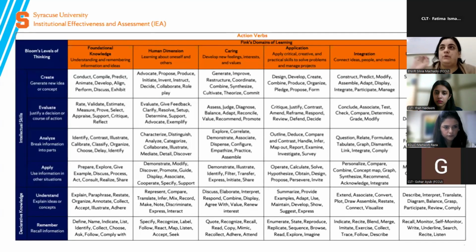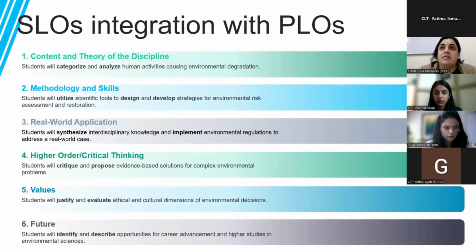This means, and using there are very good tools that CLT provided us, that it's a roadmap for us to be able to integrate and to write our student learning outcomes. This is for one of the courses that I'm teaching currently. I think it's the course 1, 2, 3, 4. It has 6 mastery and assessment levels for the Watermark.